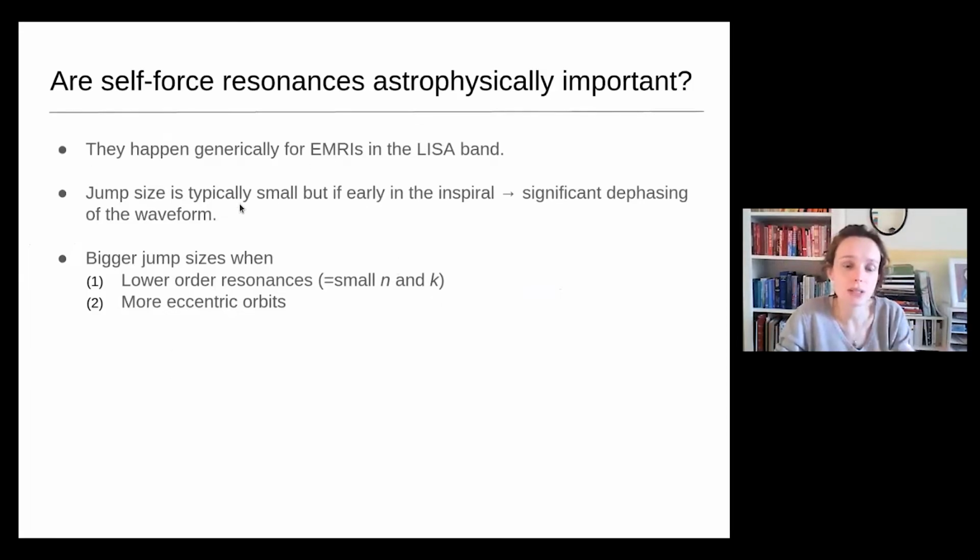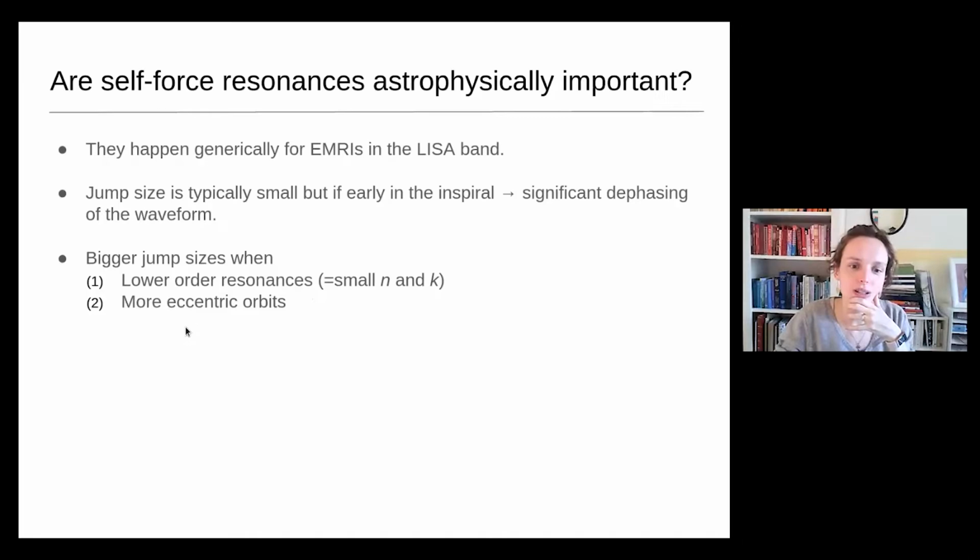The jump size is typically small, but if they occur early in the inspiral, they can lead to significant dephasing of the waveform. In particular, they're more important whenever you have lower order resonances, so whenever n and k, those integers, are small. This is pretty much generically true for any type of resonance: you want your integers to be small for them to be important.